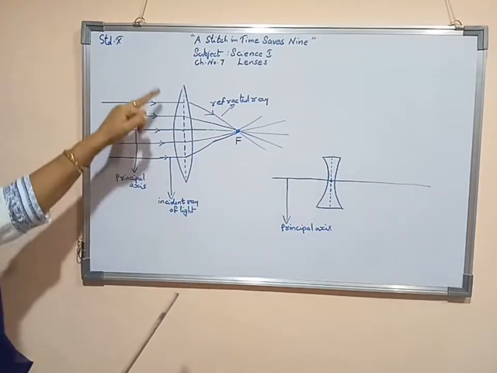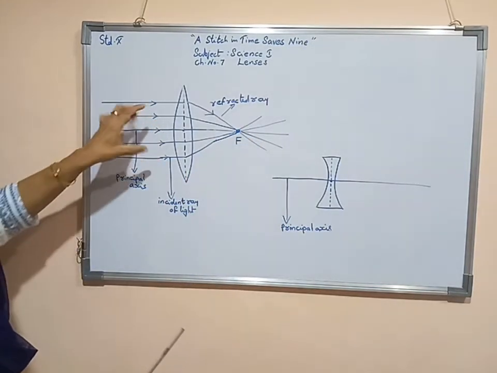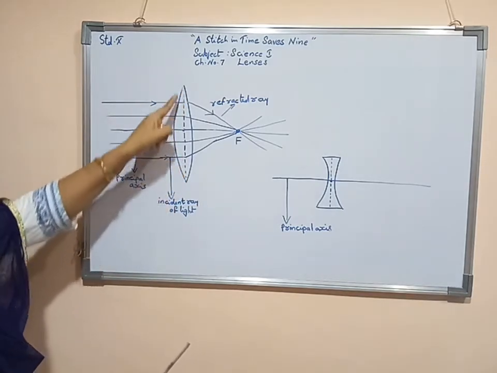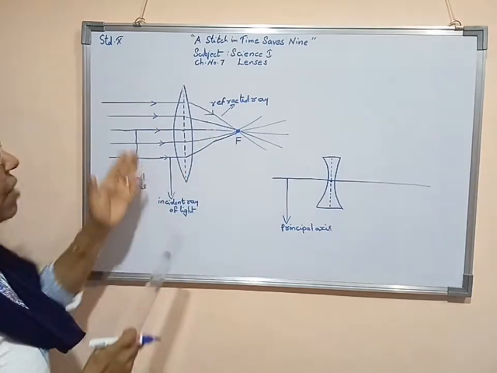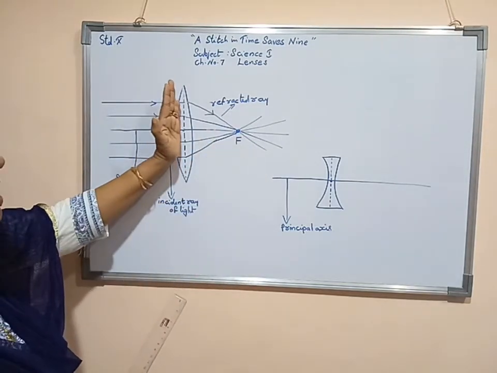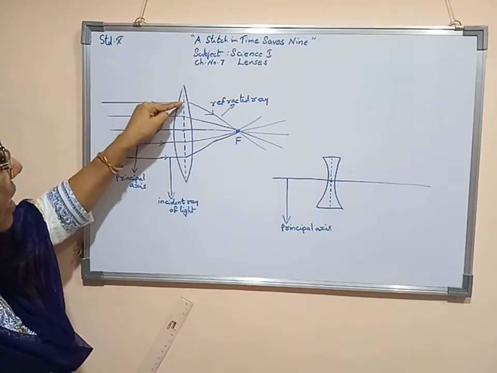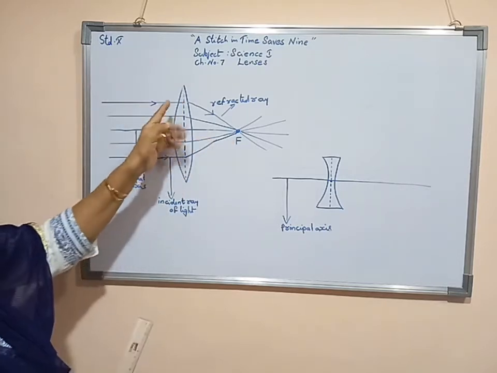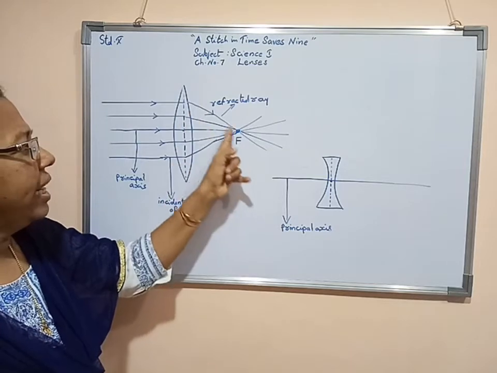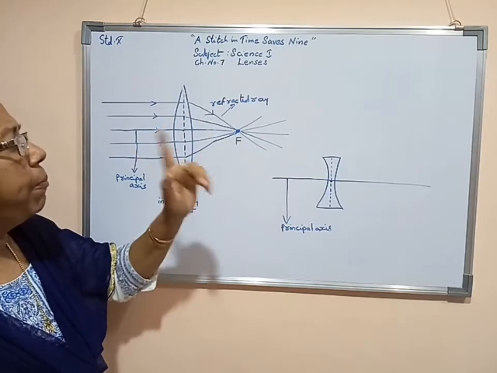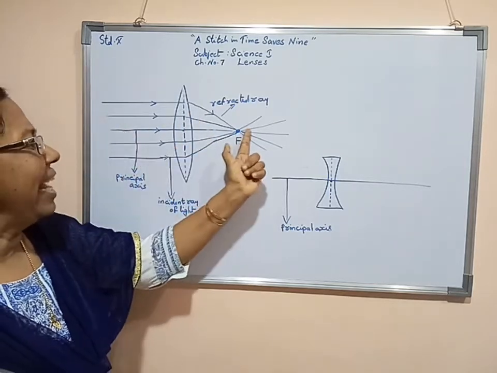So like that, the incident ray which goes and hits the center of the lens, after refraction, after deviation, that means once it reaches here, refraction occurs. That means its direction is changing. Afterwards it goes and hits a point on the principal axis.